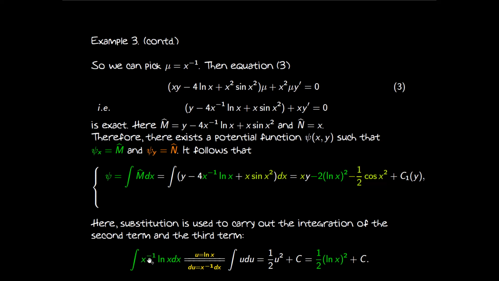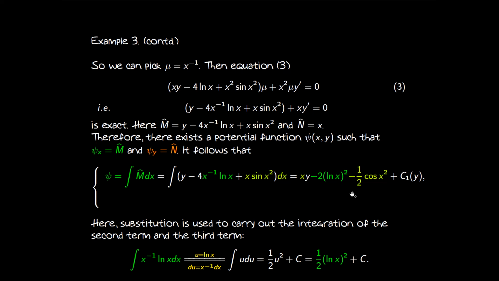That means these two parts will give you just du, right? So the original integration will become an integration of u du, right? Its antiderivative is pretty straightforward. And then you plug the definition of u into the expression. So that's why the second term's antiderivative is just twice the natural log of x squared.